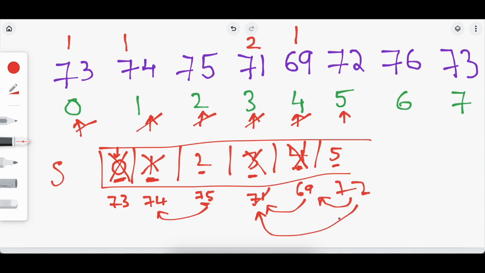Now I will check 72 with 75. Now is my 72 greater than 75? No, it's not. Now if this is not the case, what does this tell me? This tells me that I still have to wait for a temperature towards the right side of 75 to find a value which is greater than 75. So that means 72, you are not the answer for my warmer temperature.